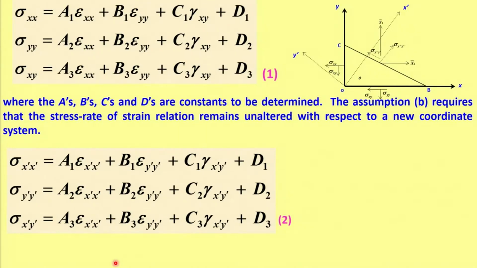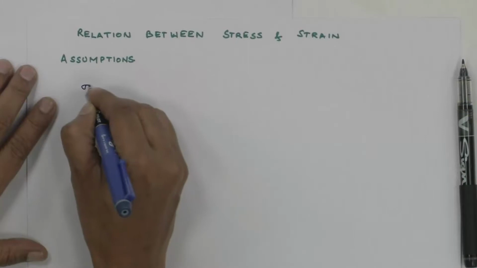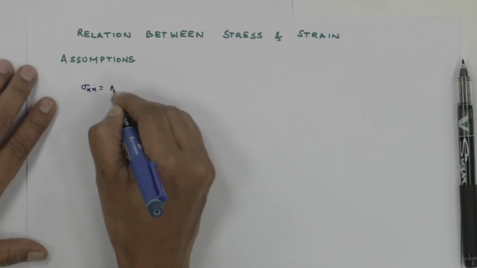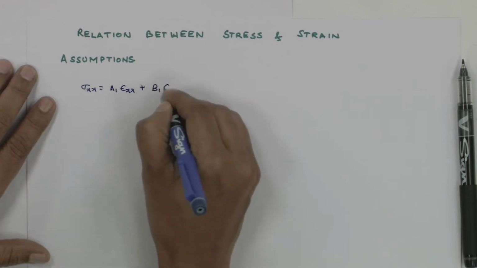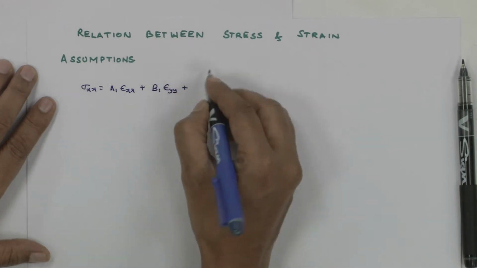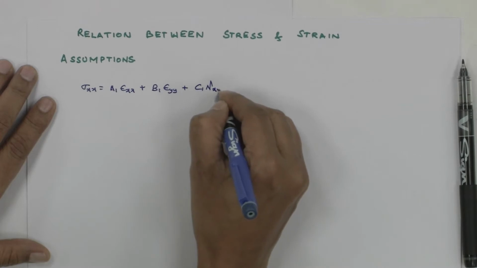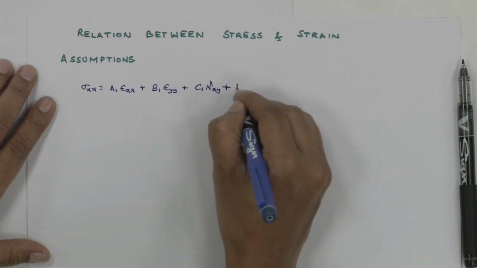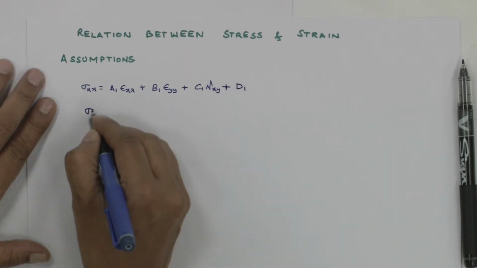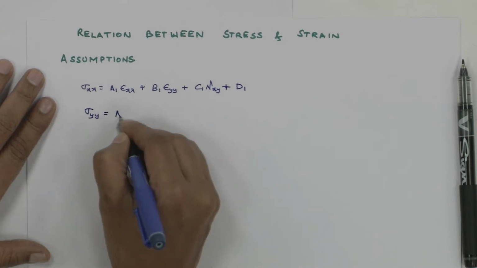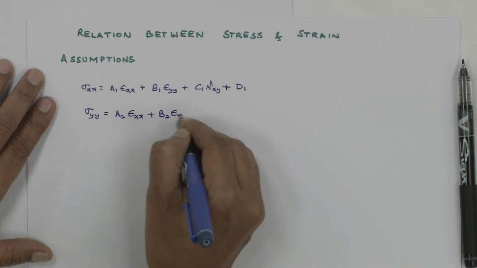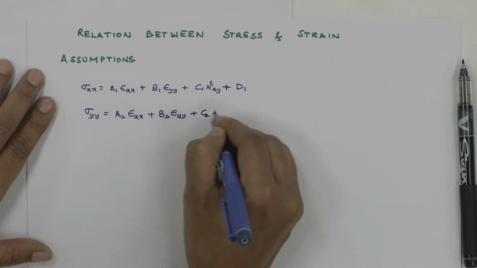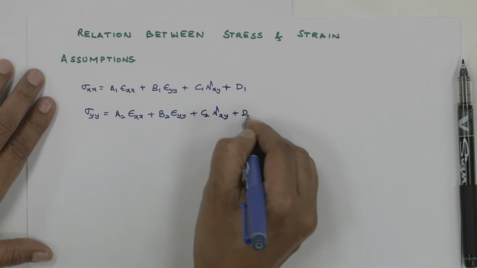So now, what does that mean? Sigma xx equals A1 epsilon xx plus B1 epsilon yy plus C1 gamma xy plus D1, and sigma yy is equal to A2 epsilon xx plus B2 epsilon yy plus C2 gamma xy plus D2.